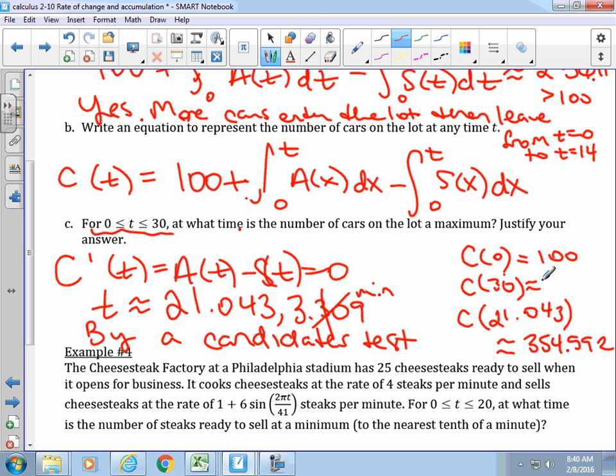And then what about the 30? 177.754. So the maximum number of cars is at the 21. Everyone agree with that? By candidates test, maximum cars occurs.